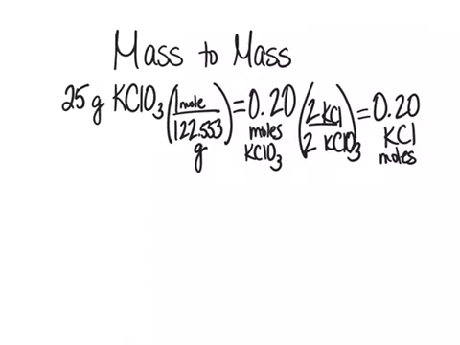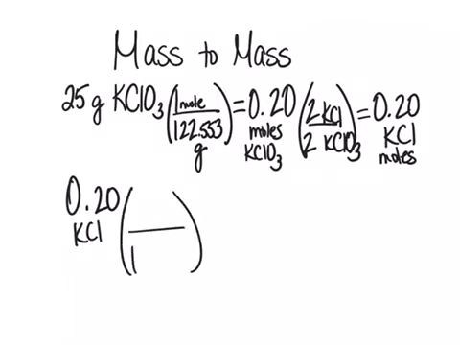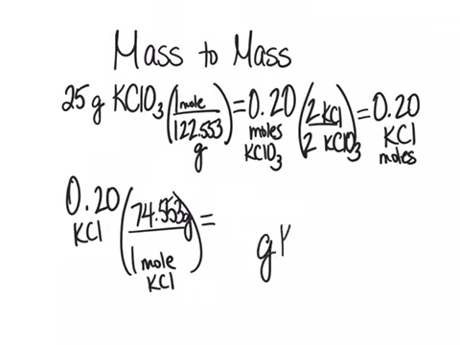But my problem wants to know how many grams. So I'm going to take that 0.20 moles of KCl and find the molar mass. 1 mole of KCl has a molar mass of 74.553 grams, and that's going to tell me how many grams of KCl I have. So basically when I do this, I'm going to see that I'm starting with grams of A.